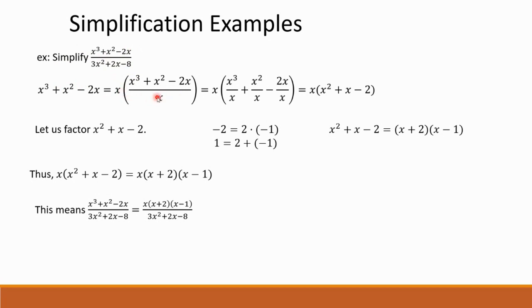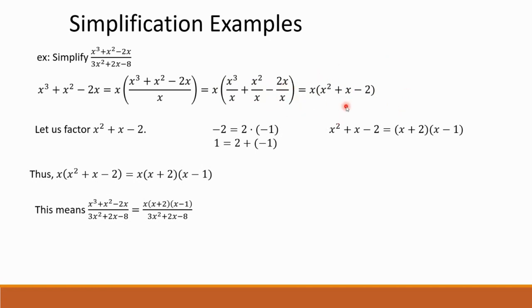To get what's left over, you have to divide, and to divide means you divide into each term. So we get x times, x cubed over x is x squared, you subtract exponents. x squared over x is x, 2x over x is 2, like so. And so this is what we get.